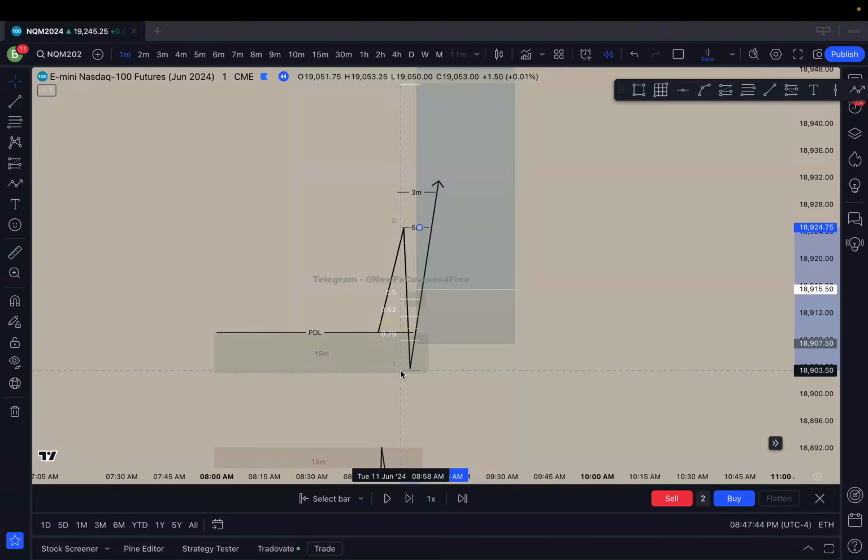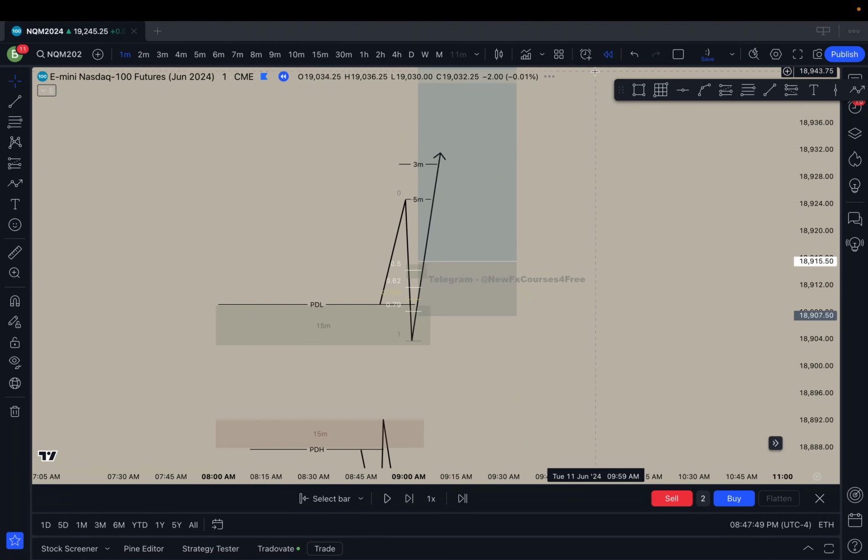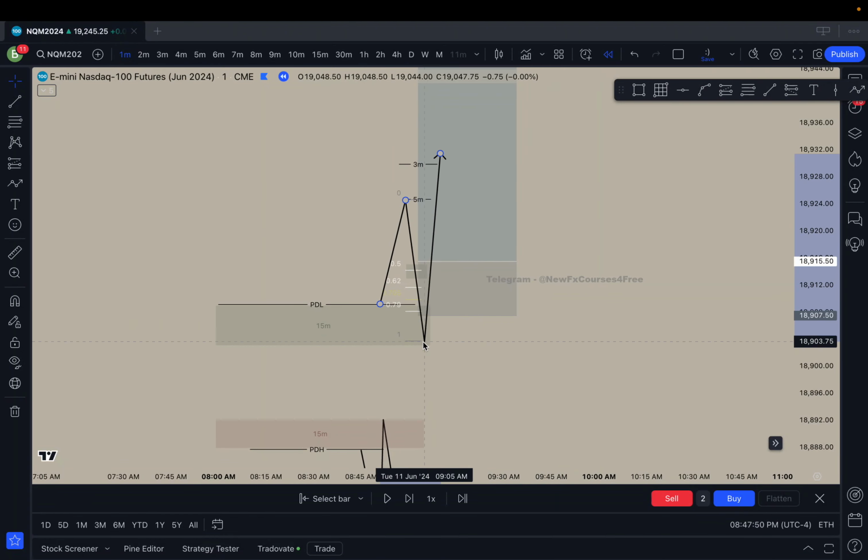Or you can use the manipulation leg and then target -2. But the majority of times, if it's a clear breaker, use this. So just an inversion and a PD array with the sweep of sell side liquidity, buy side, targeting unfilled gaps. Yep, that's it.